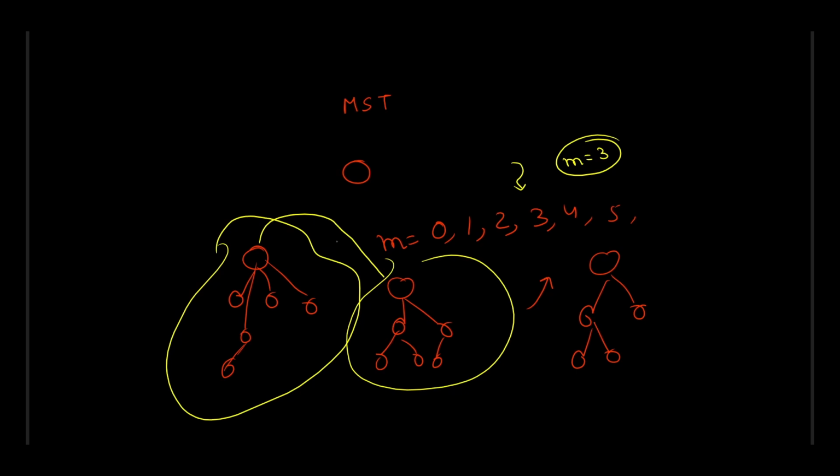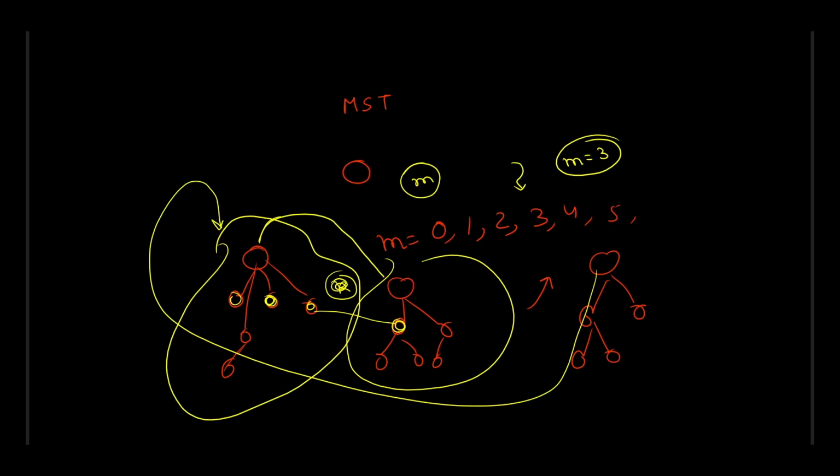This means that regardless of which element is used from here and which from there, their cost to connect them would be equal to k and would be equal to m, and it does not create a cycle. And in fact, this one can also join this connected component.